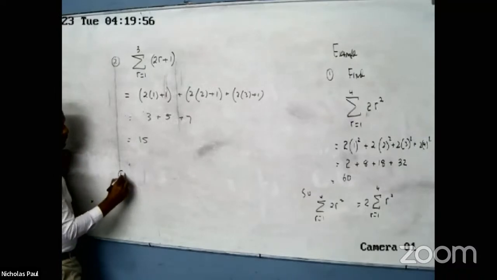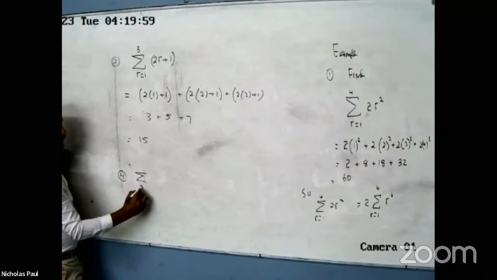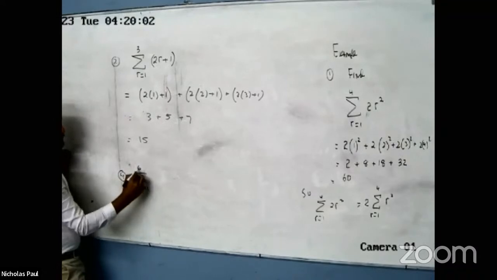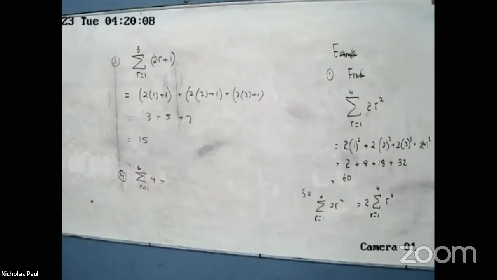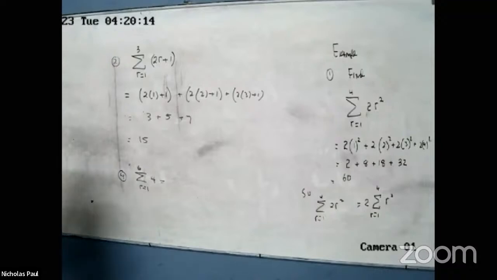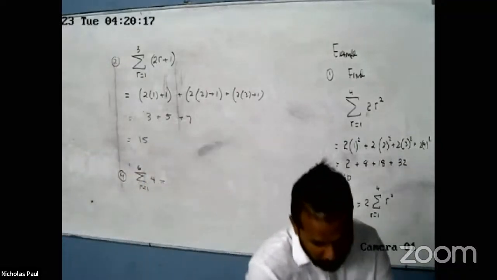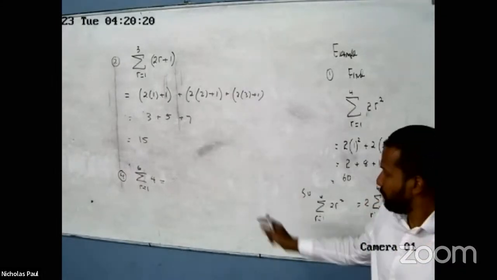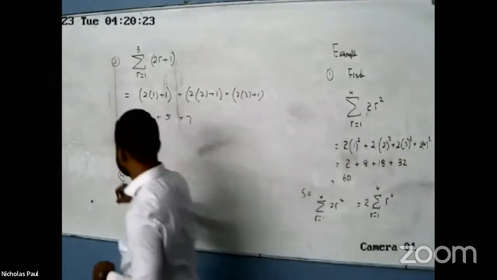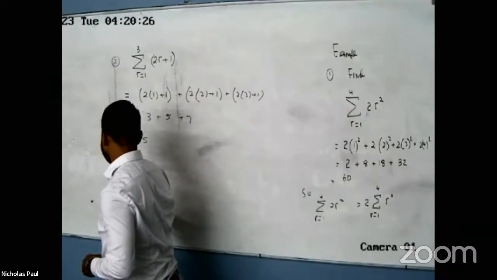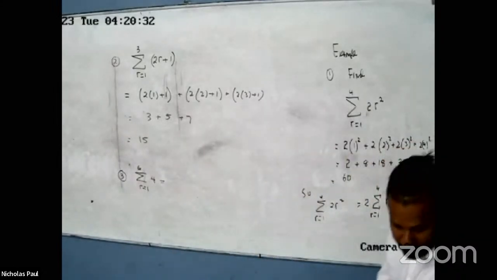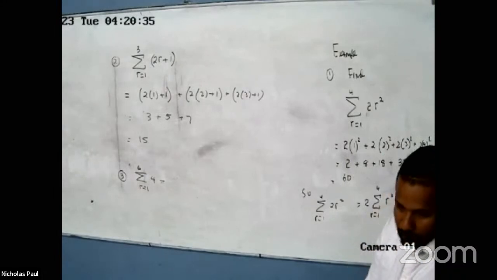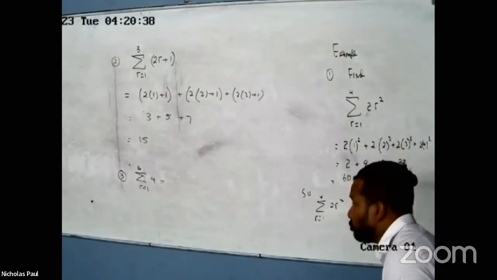Try number 4. I want you to sum r going from 1 to 6 of 4. Just 4. R going from 1 to 6. What is that?